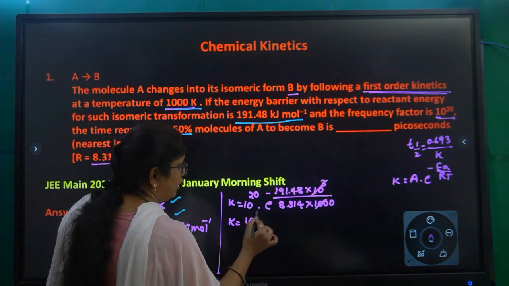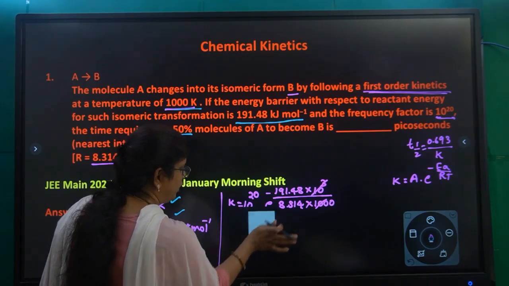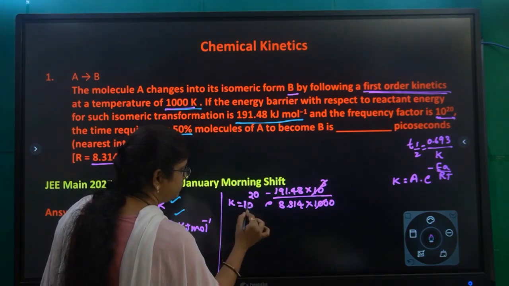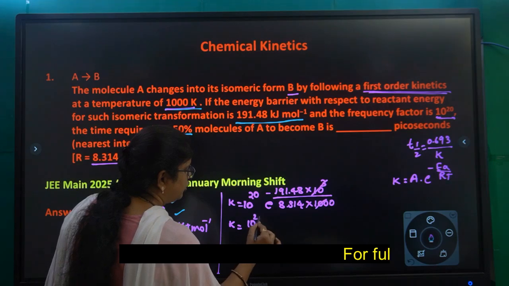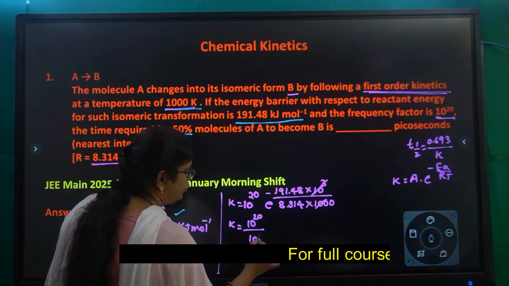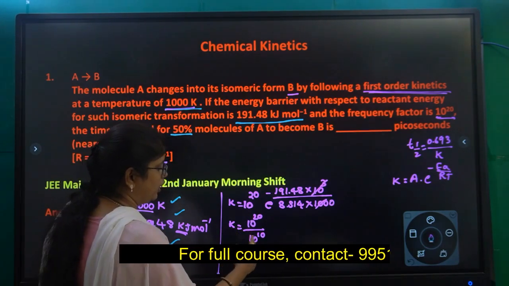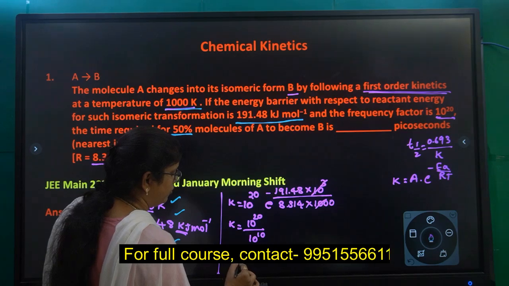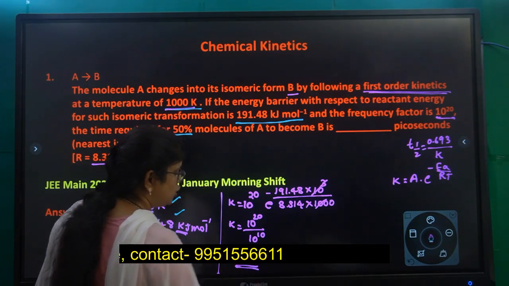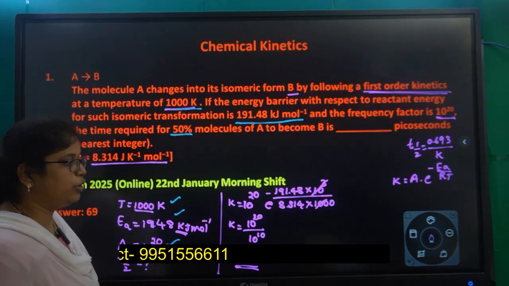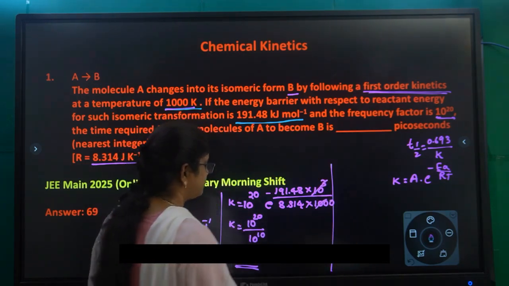So K is equal to 10 to the power of 20 by 10 to the power of 10, which equals 10 to the power of 10. So the K value is 10 to the power of 10.